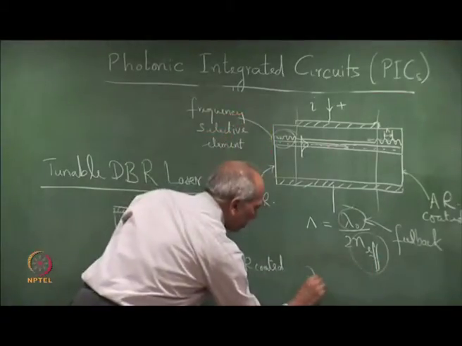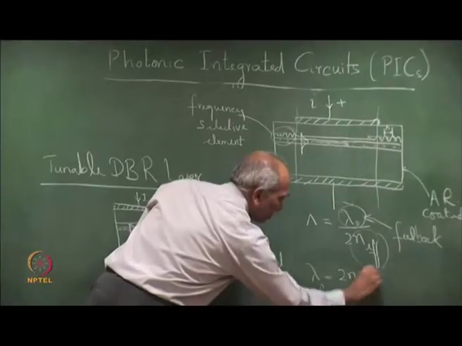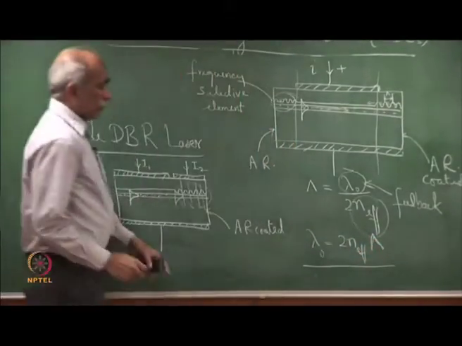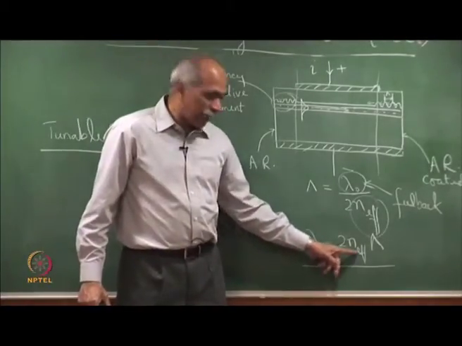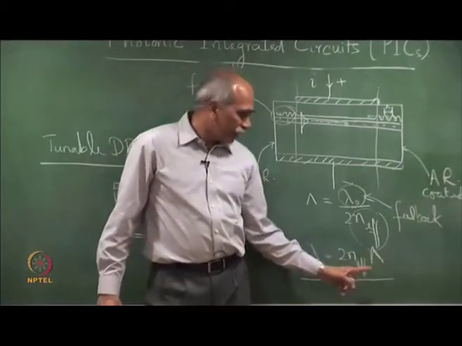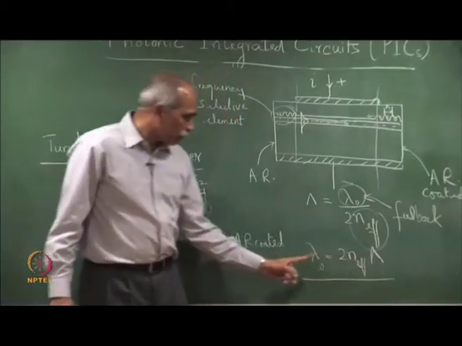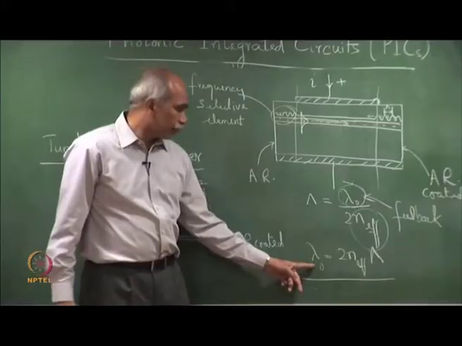So, we have lambda oscillation equal to twice N effective into lambda. The lambda oscillation can be varied by varying the N effective. Lambda, the grating period, is fixed. By changing this N effective, it is possible to vary the frequency of oscillation.